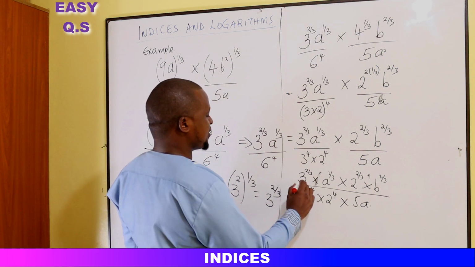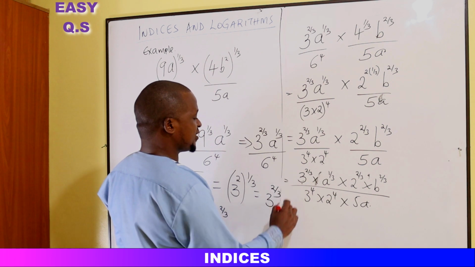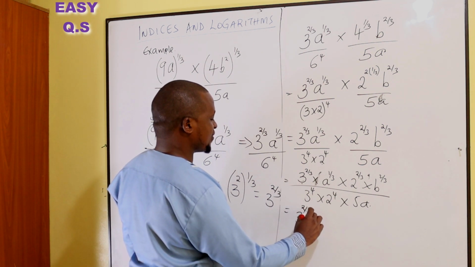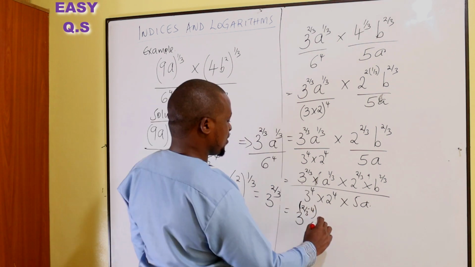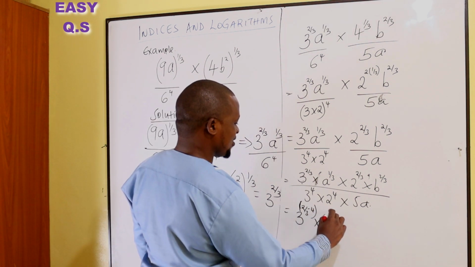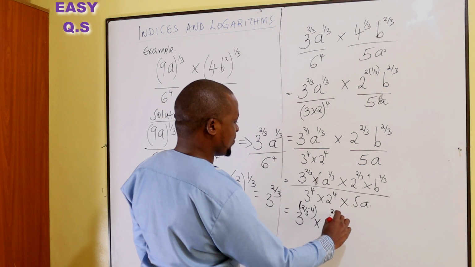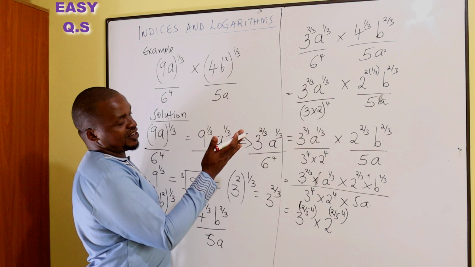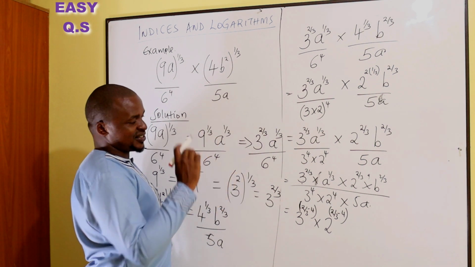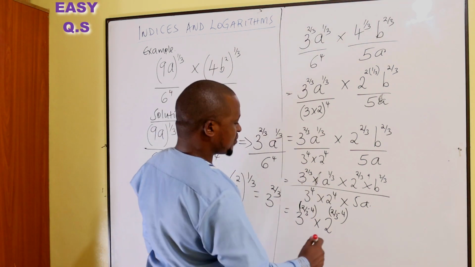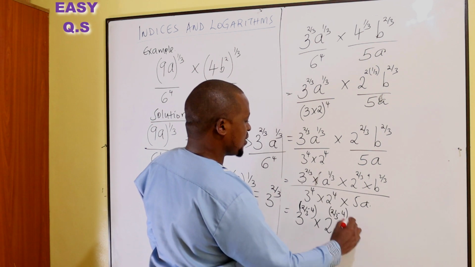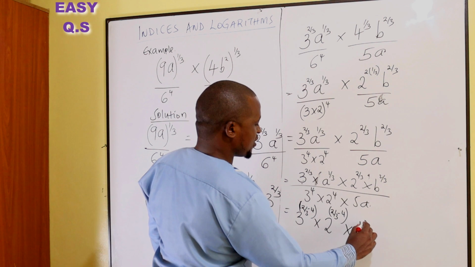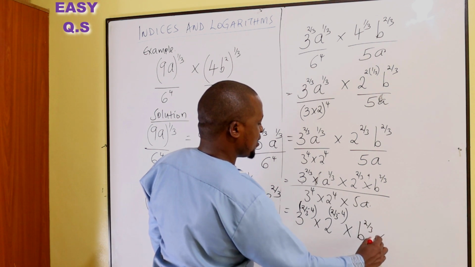So this and this will give us 3 raised to the power 2 over 3 minus 4, times 2 raised to the power 2 over 3 minus 4, picking the numbers in the numerator and denominator with the same base, times b raised to the power 2 over 3.